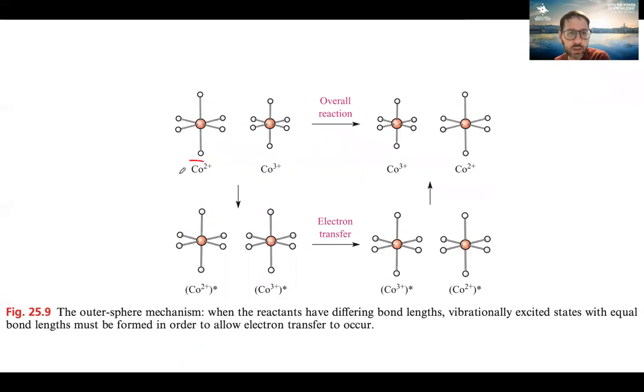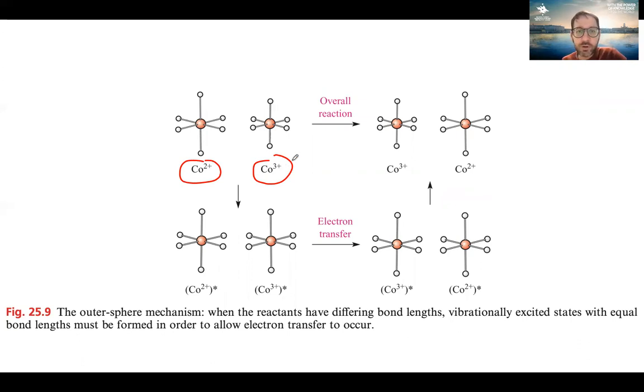It's important to note that cobalt-2 and cobalt-3, for example, or iron-2 and iron-3 as well, have different sizes. For species in higher oxidation number, bond lengths are shorter because we have shorter distances and shorter sizes.